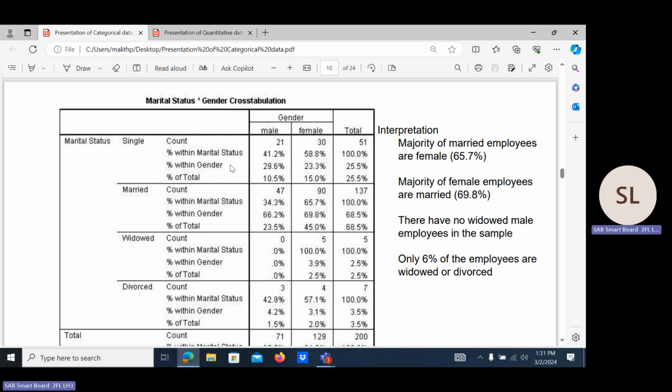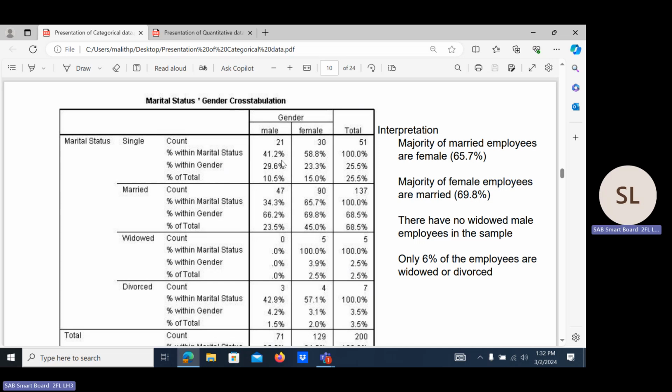Within marital status, first take the total number of single respondents. How many? 51. How many of them are male? 21. So 21 over 51 times 100 is equal to 41.2%.